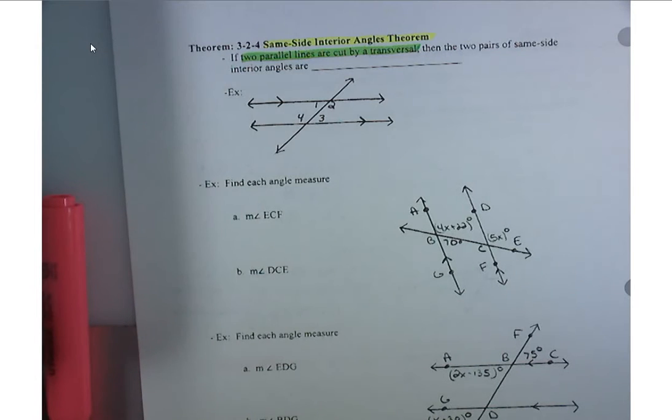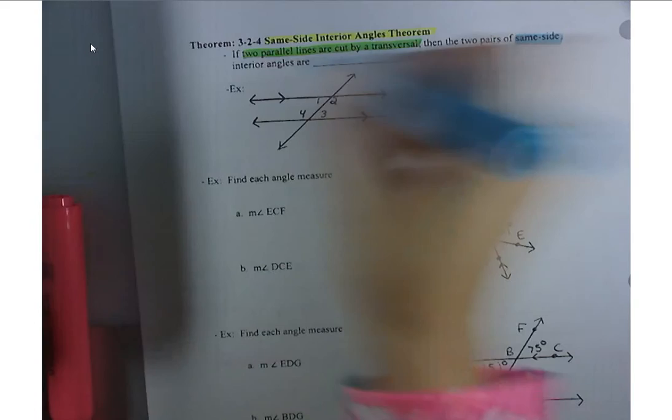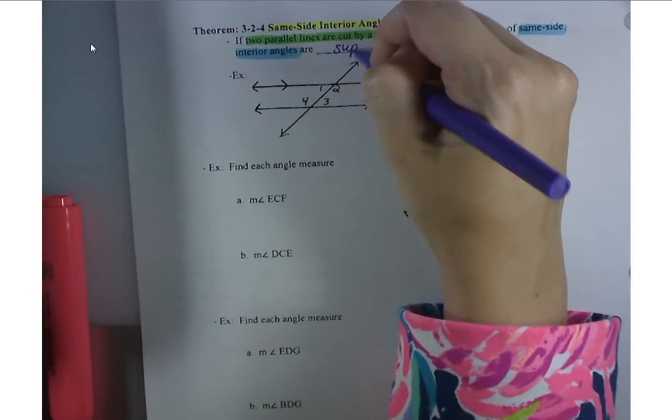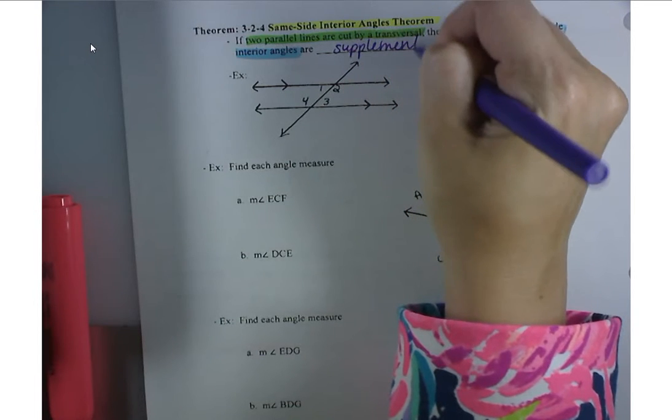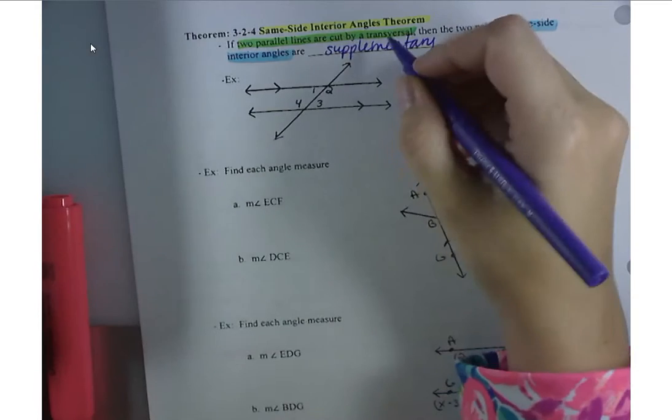Actually gonna highlight this one with a different color. Why do you think I'm gonna do that? That's right, it's not congruent. So then two pairs of same side interior angles are, what are these gonna be? Yes. Okay, so these are gonna be supplementary.